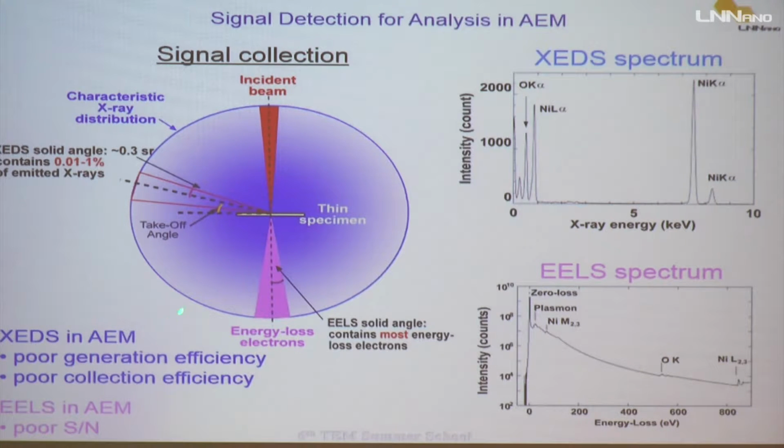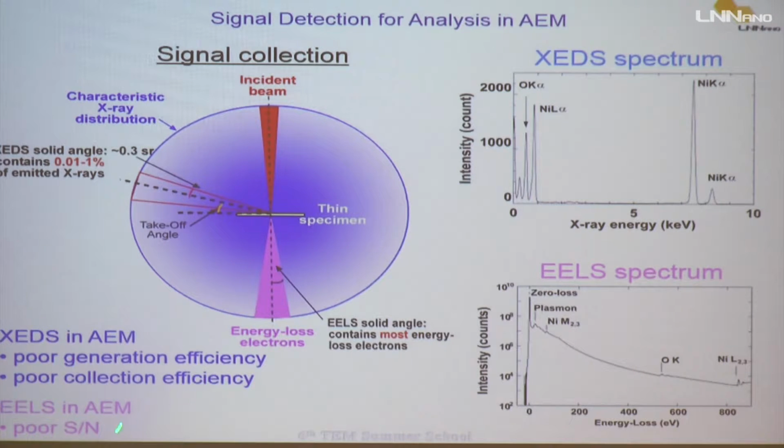For the EELS, we have a very simple situation, because we have your beam hitting the specimen and the electrons that are deviated by a small angle going through the column, following the optical axis. They just continue there, and you put an aperture there and collect all the signal that you want, okay?